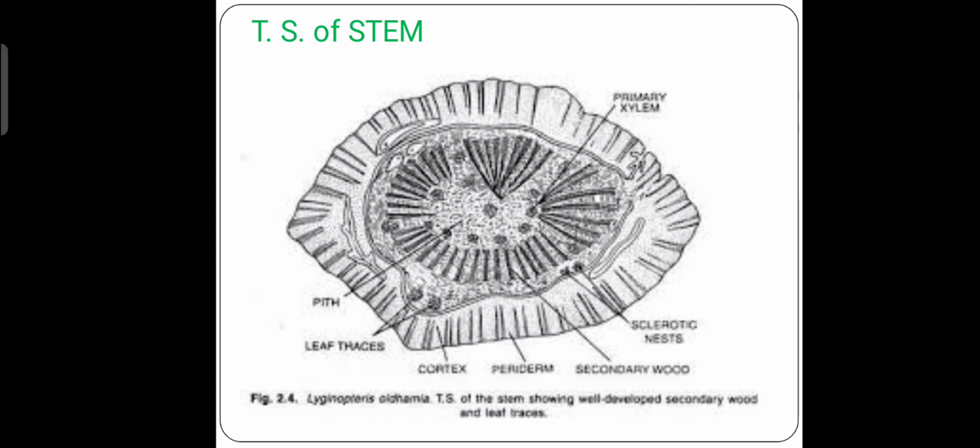Here in this transverse section of stem you can see the various anatomical features. They have shown primary xylem, pith, leaf traces, cortex, periderm, secondary wood and sclerotic tissue also.